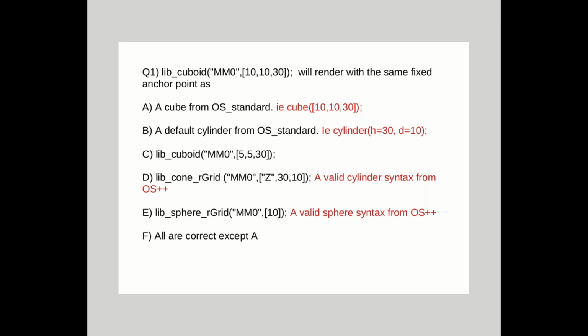Option C, lib cuboid with the same anchor point as the question. Option D, lib cone with the same anchor point as the question. Option E, lib sphere with the same anchor point as the question. Option F, all are correct except A. Your answers, please.